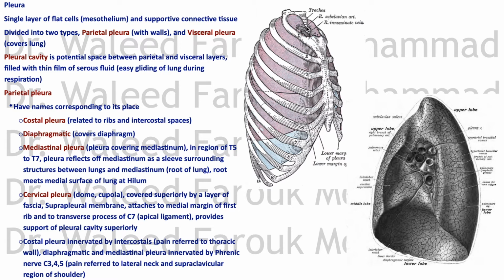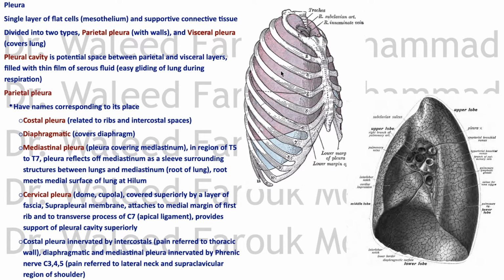Now, the costal pleura is innervated by the intercostal nerves, which means that the pain is referred to the thoracic wall. They call the pain from the pleura pleurisy. When we get cold, when we get the flu, you feel some stitching pain in the chest wall.